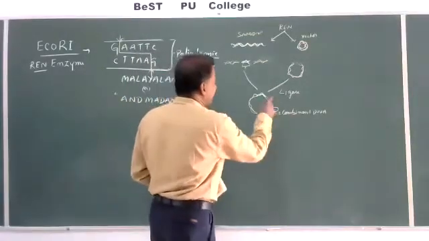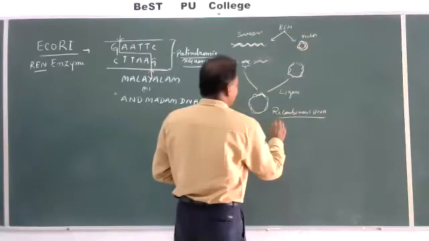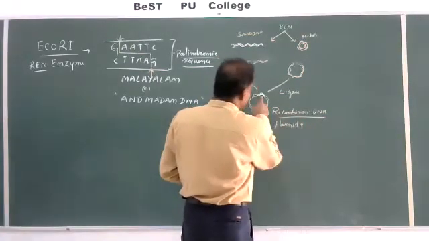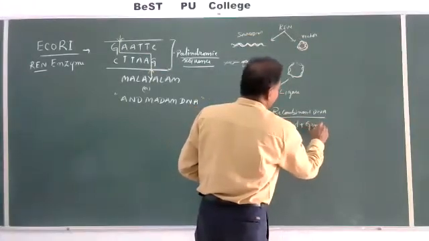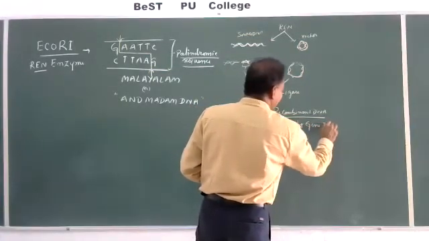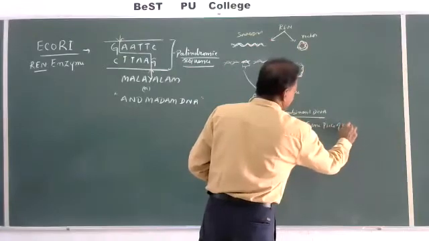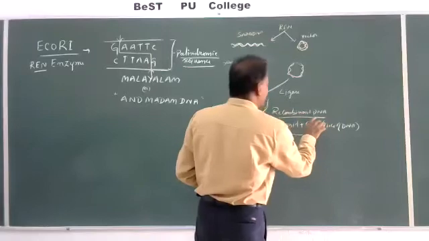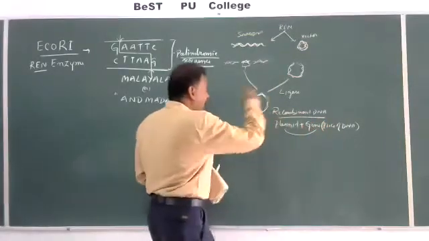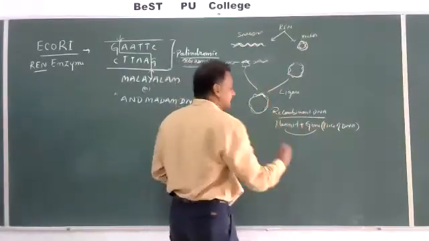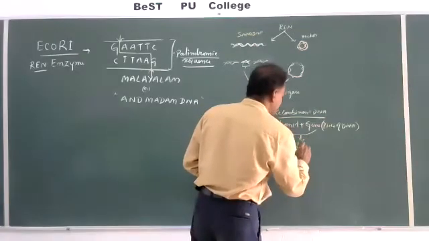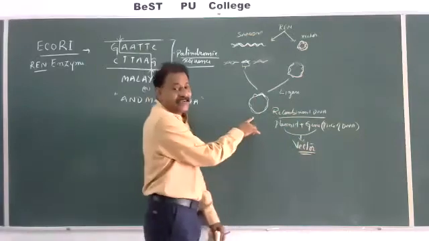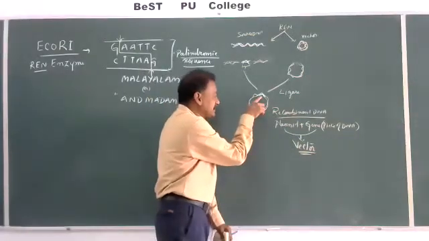This recombinant DNA is nothing but a plasmid plus the gene of interest, a gene or a piece of DNA. So plasmid and gene of interest is called recombinant DNA. Now we can call this a vector. Vector means carrier. This is carrying this gene.